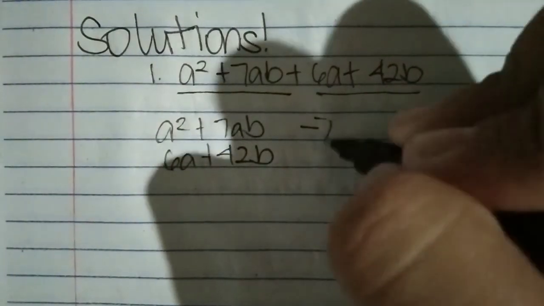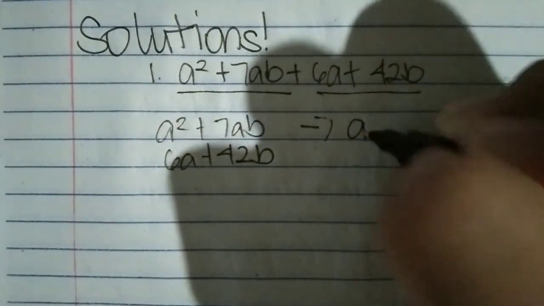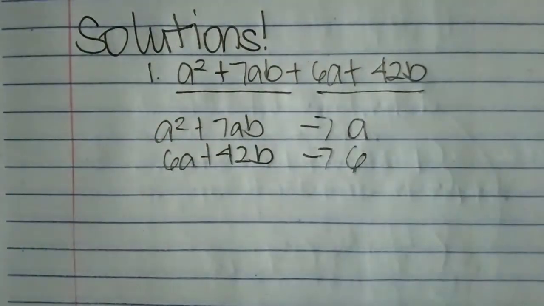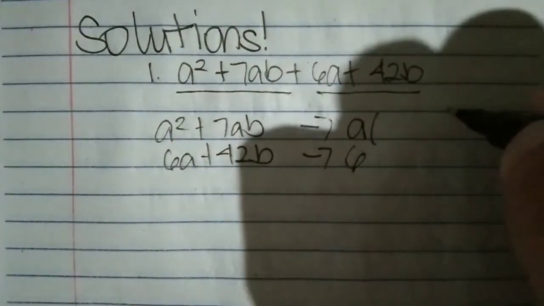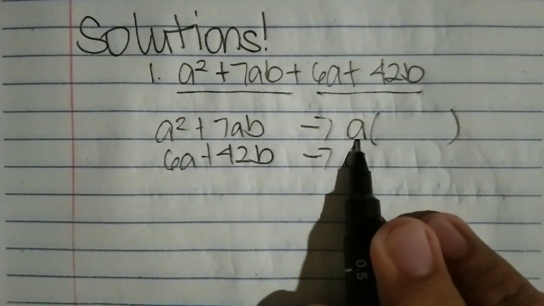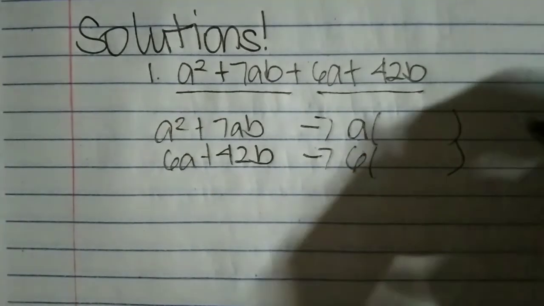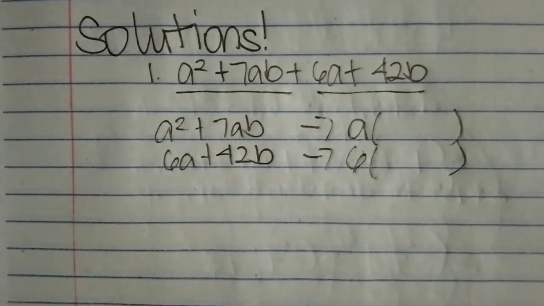So the first factor of this expression is a, and the first factor of the second group is 6. So we have a multiplied by the second factor as well as 6 multiplied by the second factor.